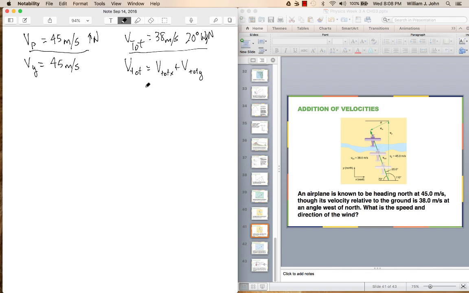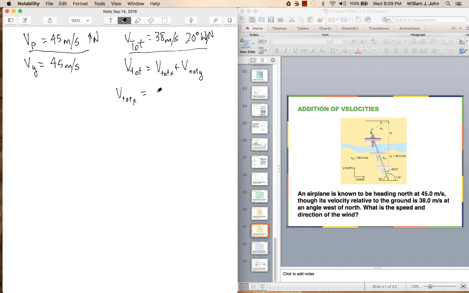And v total x is again calculated in the same way we've calculated this in the past. The x component, as you can see over here, here's the v total. So the x component is here, which is the side opposite the angle that we're talking about.